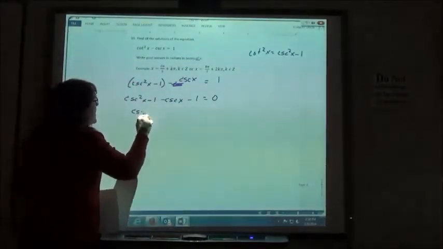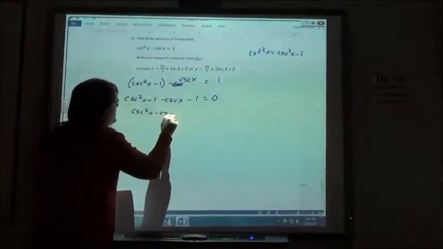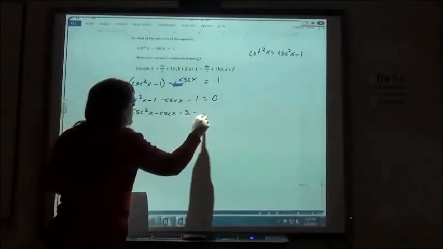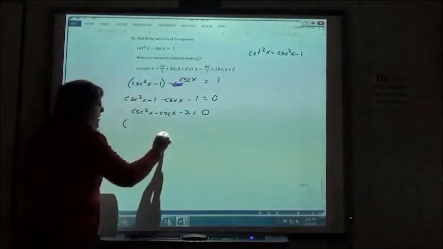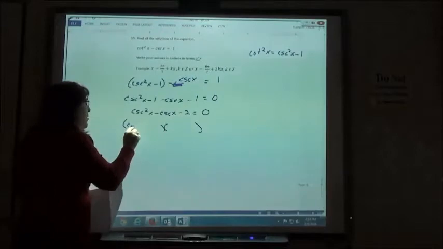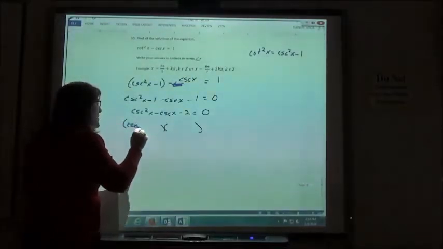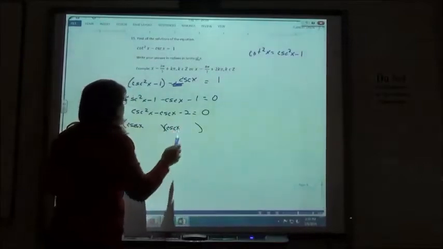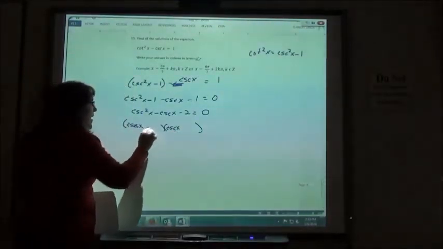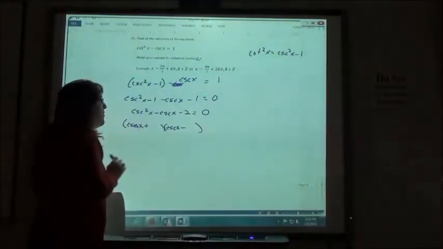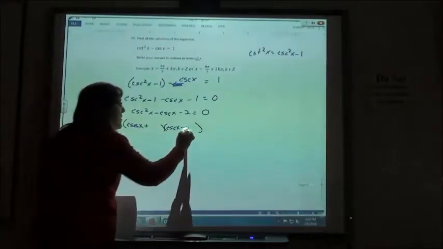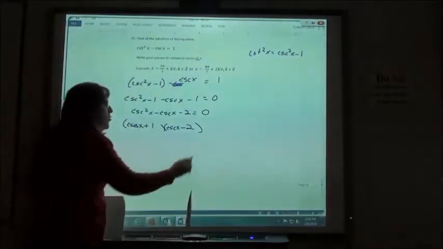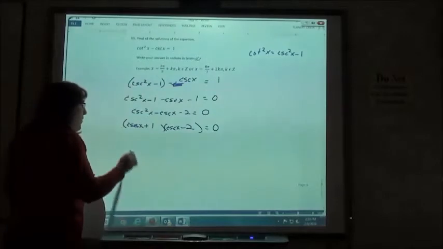So cosecant squared of x minus cosecant of x minus 2 equals 0. Factoring, cosecant of x, cosecant of x, and cosecant of x is cosecant squared. I've got a plus and a minus. Since I have a minus on the end, I want a minus in the middle, so minus 2 and plus 1 equals 0.